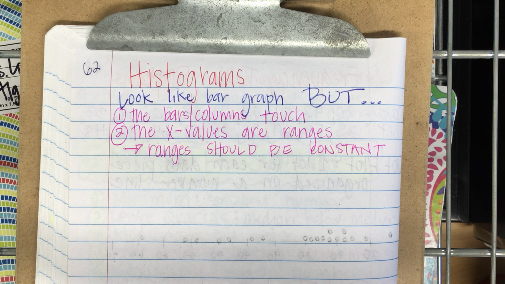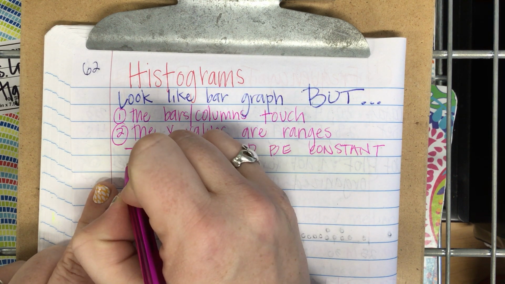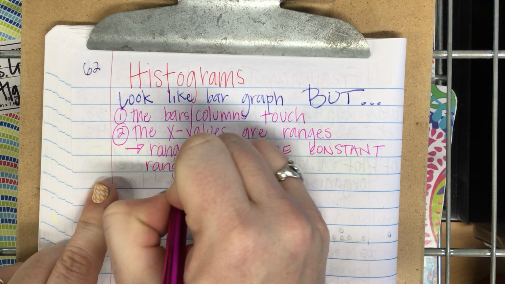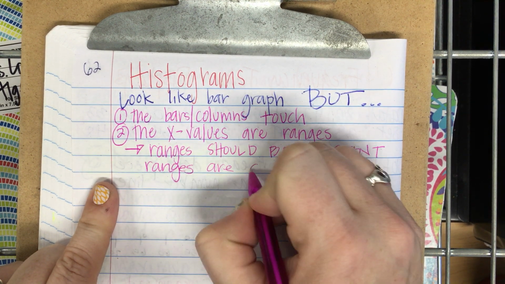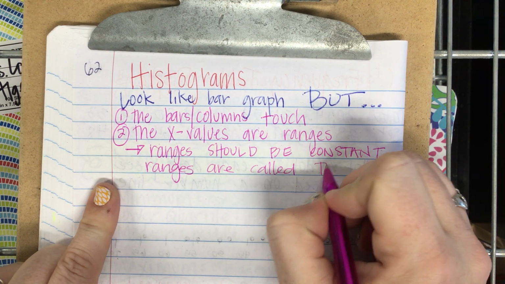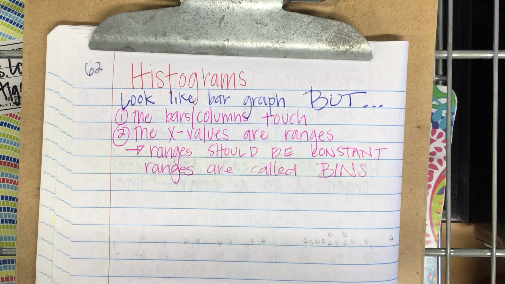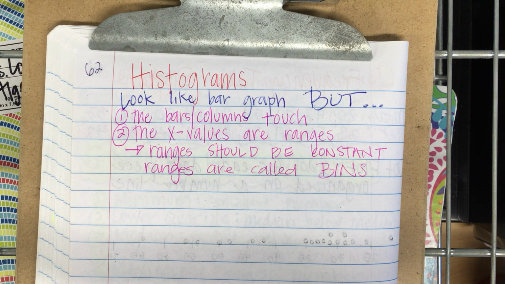They have to be consistent ranges. So you have to be able to divide your data up into consistent pieces. Your ranges are called your bin width. They're called bins.